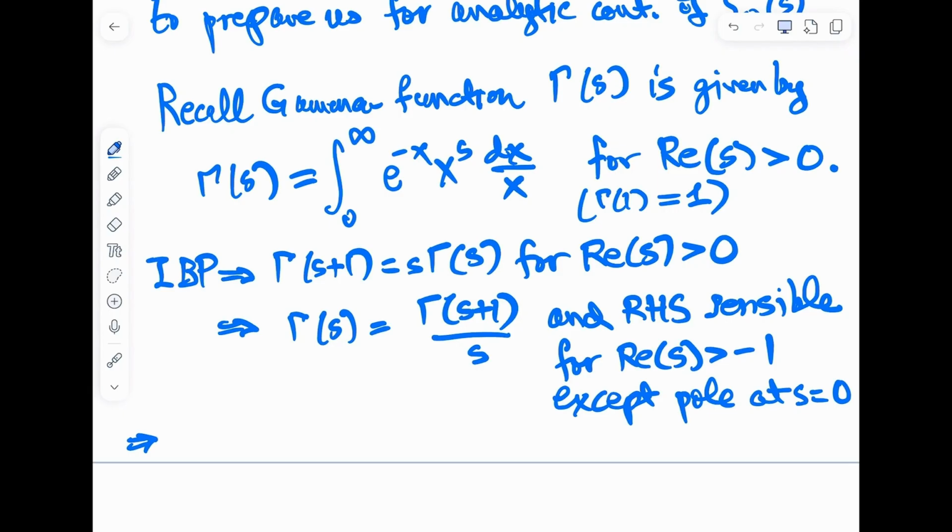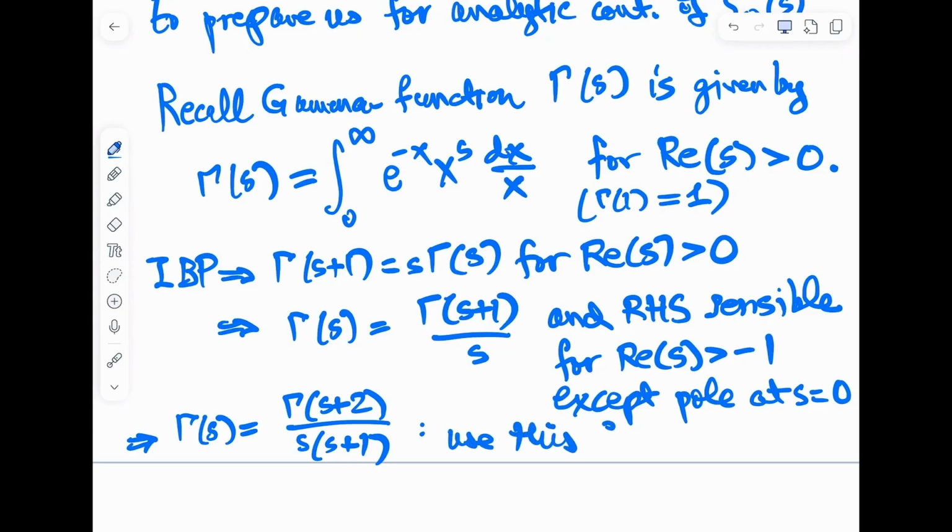But then if you look at the right side and you replace s with s plus 1 on the left, then you can find a new formula for the gamma function that makes sense to the right of -2. So I can use this to the right of -2, and so on.